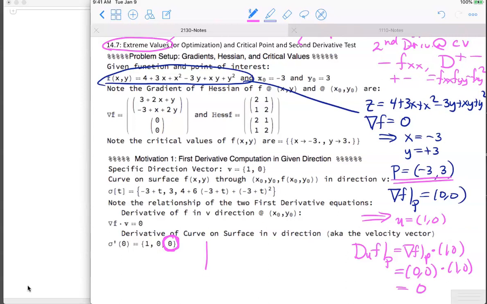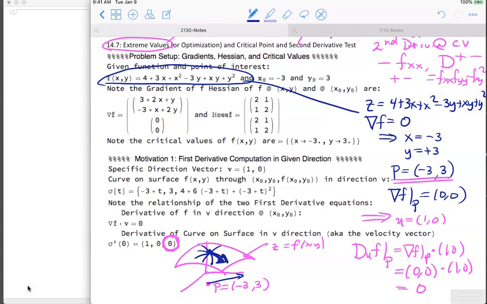So essentially what we have is a function z equals f of xy. We found that at a particular point P, a critical point in this case, no matter what direction you pick, the function is going to be flat in that direction.